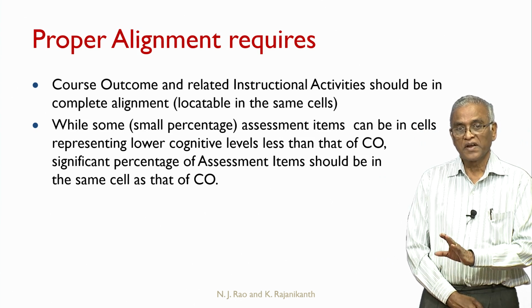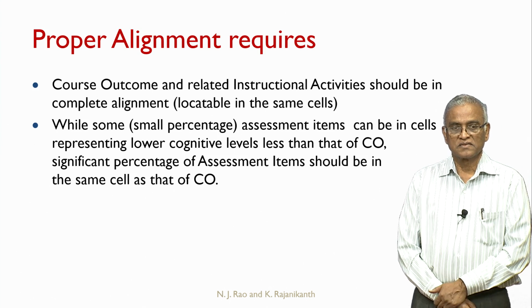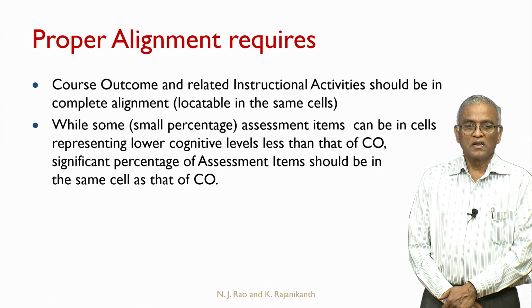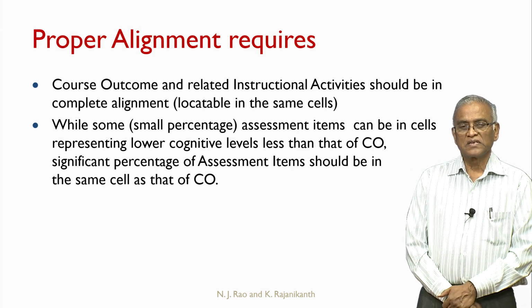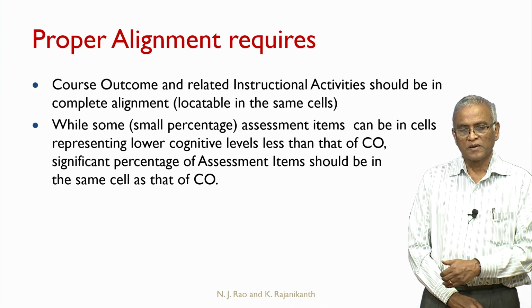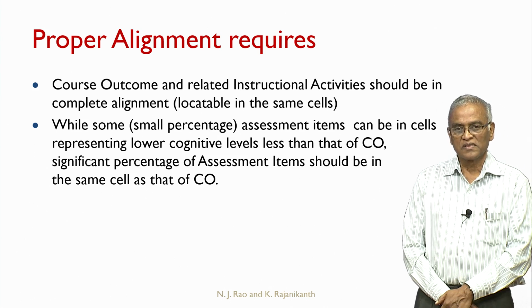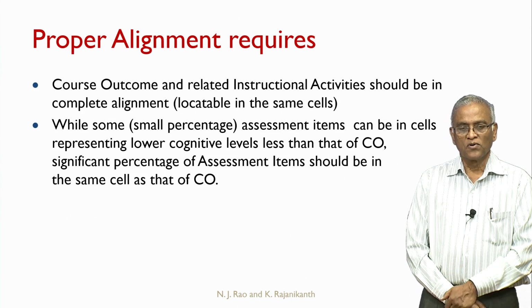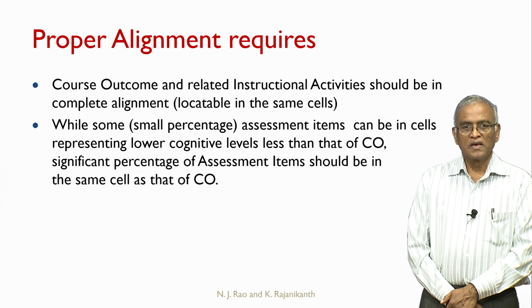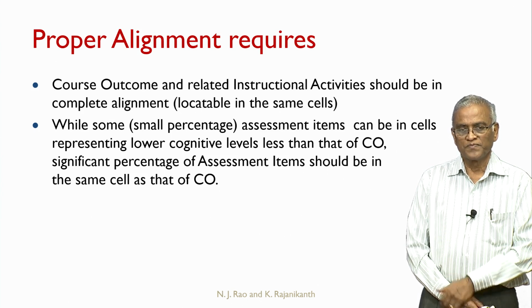That means they are locatable in the same cells. While some small percentage of assessment items can be in cells representing lower cognitive levels than that of CO, a significant percentage of assessment items should be in the same cell as that of CO.